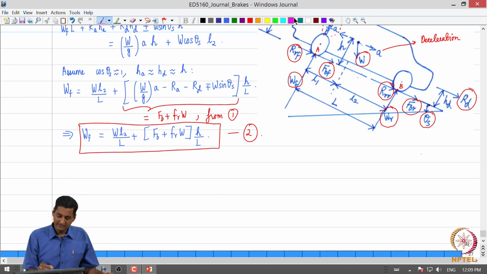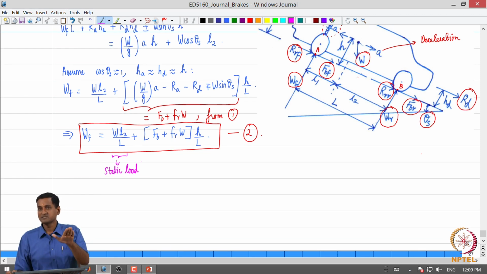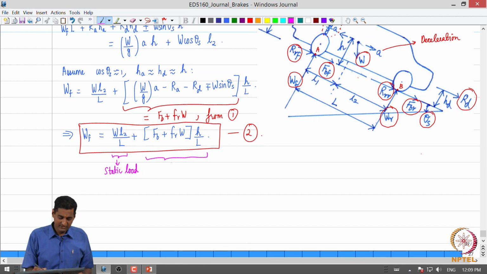So, once again, if we recall the analysis that we did before, please note that the static load on the front wheel is going to be WL2 by L, right. Because if we assume that the vehicle is parked on a flat road, it is stationary, then WF is going to be WL2 by L, right. So, this component is now the longitudinal dynamic load transfer during braking.